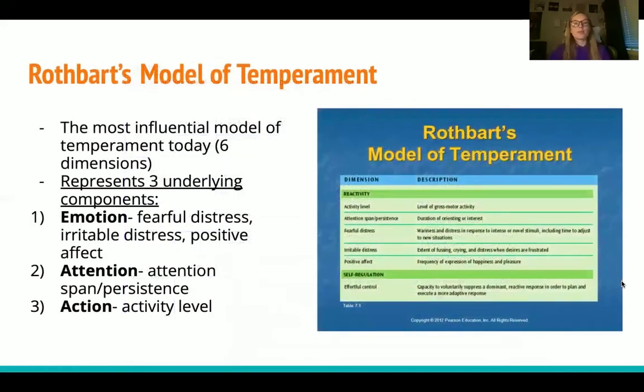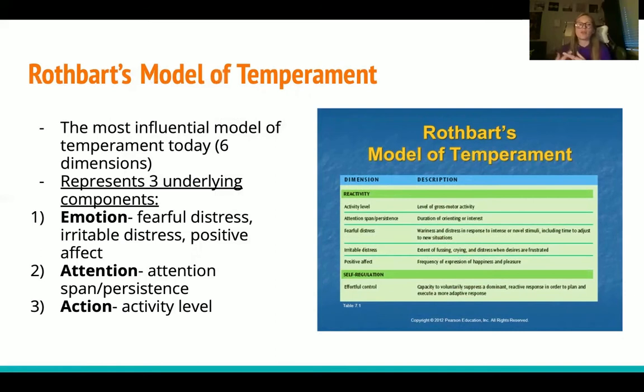Mary Rothbart created a model of temperament that was influenced by Thomas and Chess's 9 dimensions of temperament, which is why I thought it was important to mention. This is the most influential model of temperament today. It contains 6 dimensions and represents 3 underlying components.